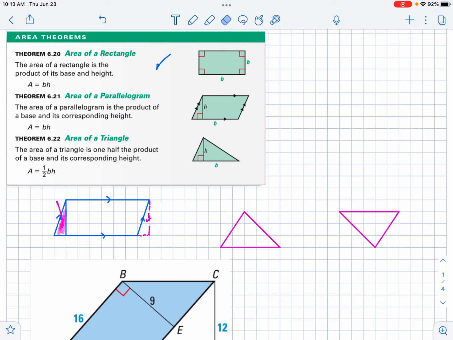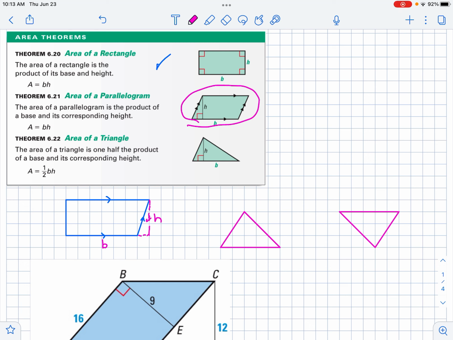Now, when I do that, you notice what I have. I have now a rectangle, with a base and now a height. So it's like this right here. We had the height and we had the base. So it's still just like getting the area of a rectangle.